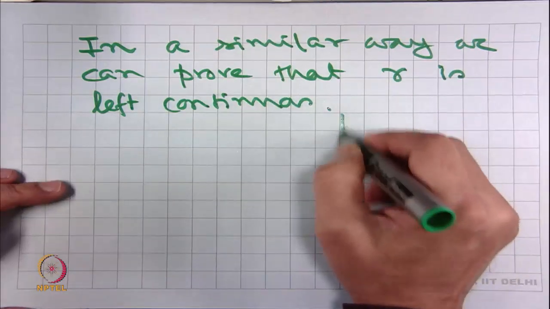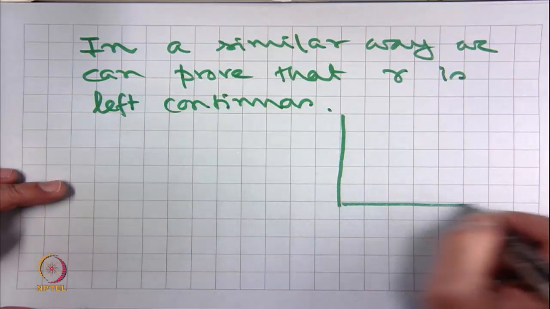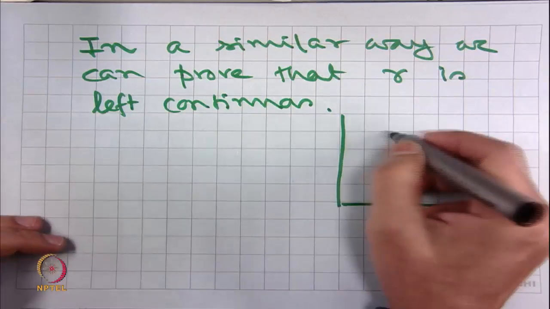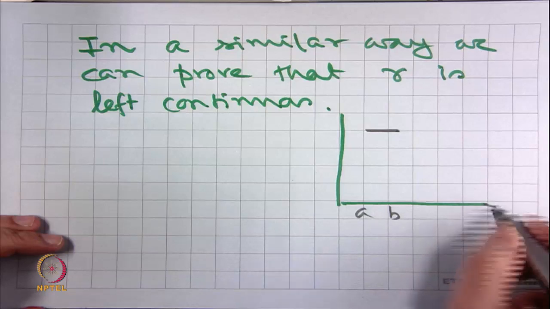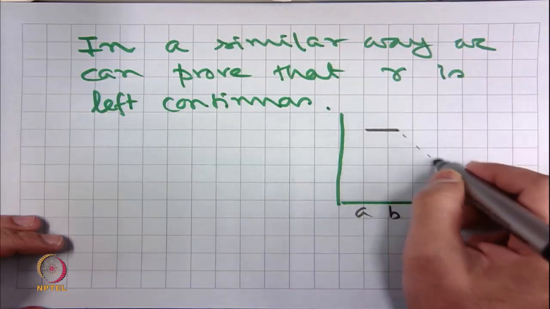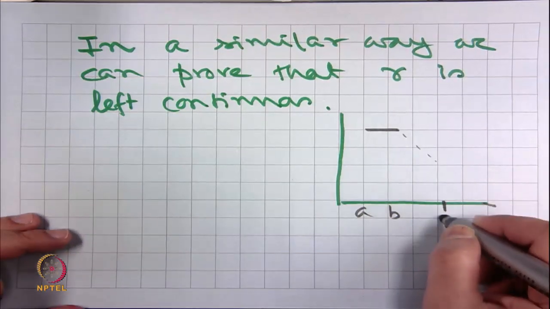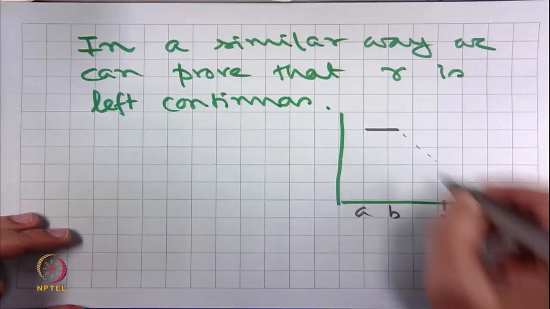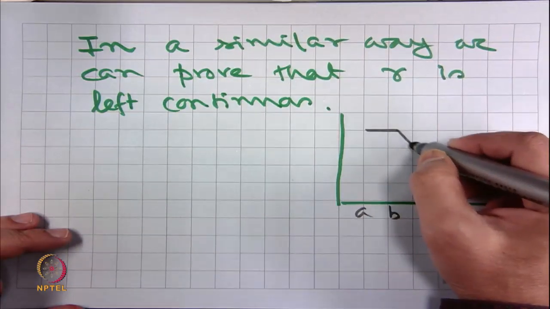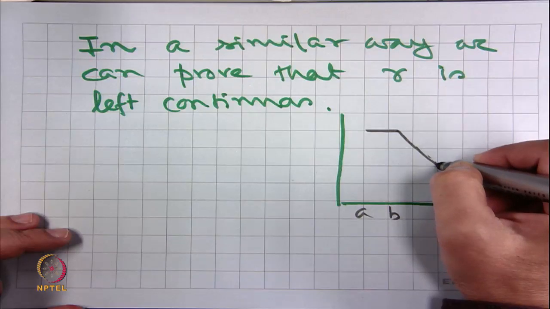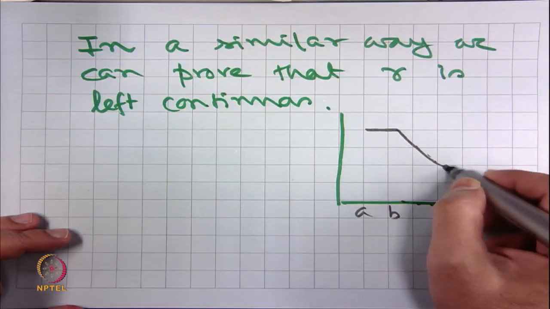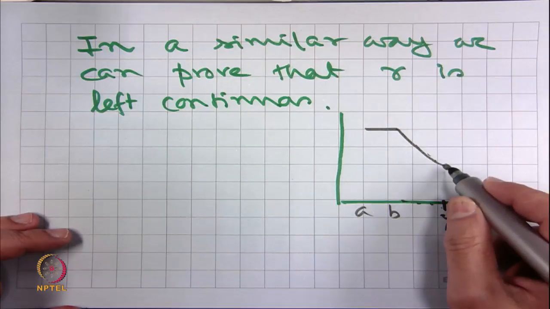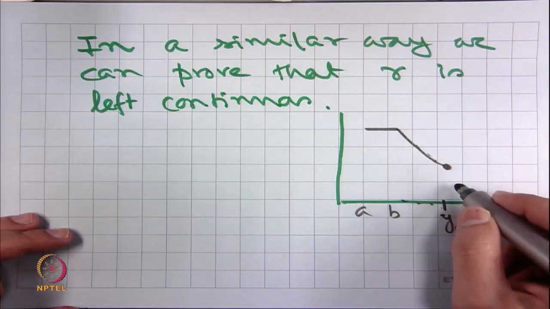That is, if we have such a situation, this is A B, and if there is a point of discontinuity, say y naught, then we will find that for any sequence converging to y naught, the limiting value of R x is going to be R of y naught.